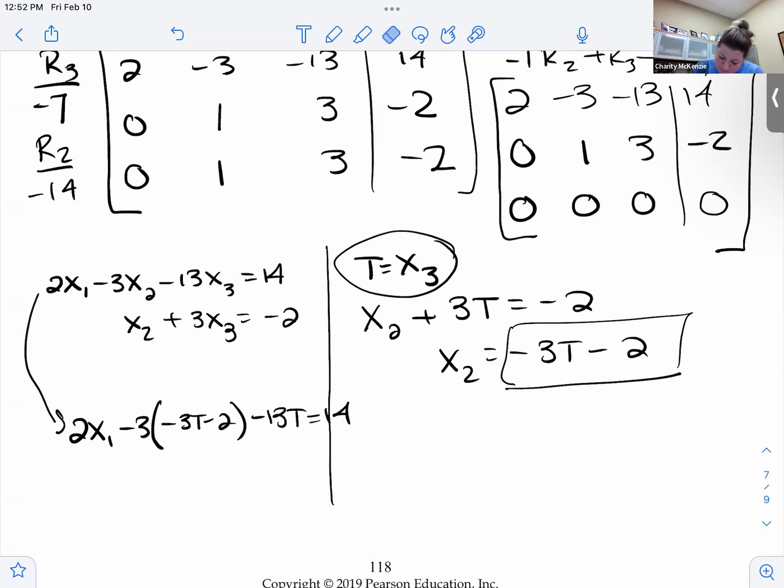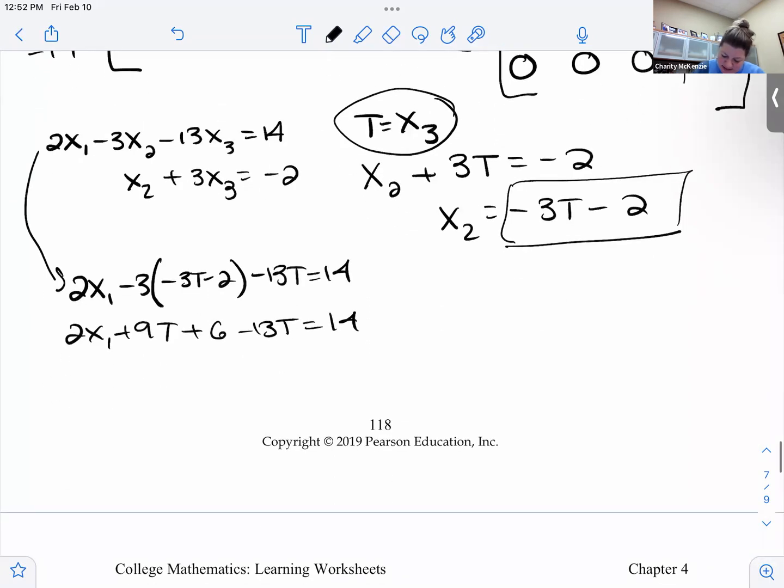Okay, so let's take that line out. Then I'm just going to distribute that. Plus 9t plus 6 minus 13t equals 14. Add those t's together, and then I want to move everything over so it's x1 equals.